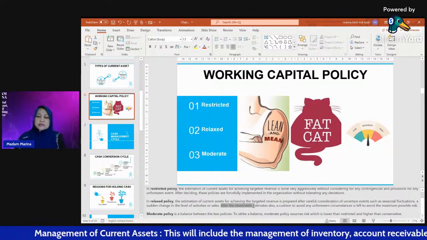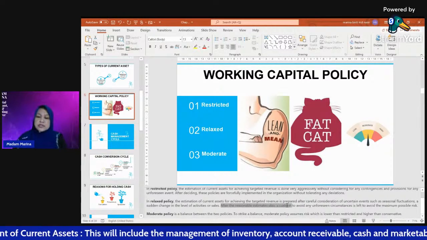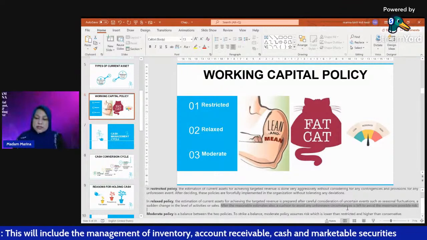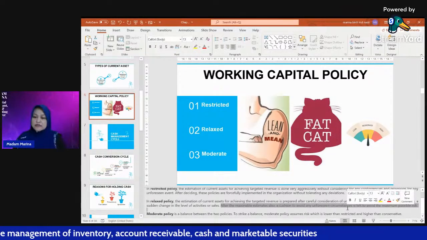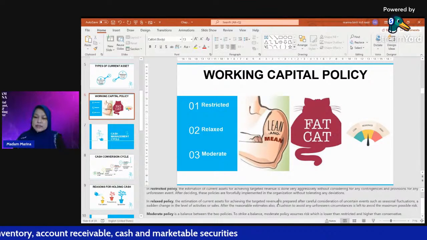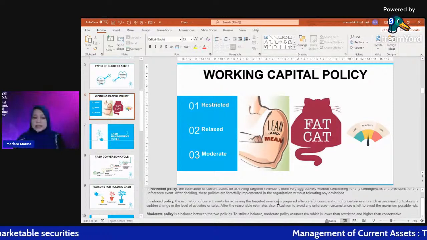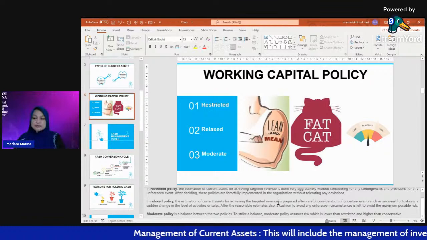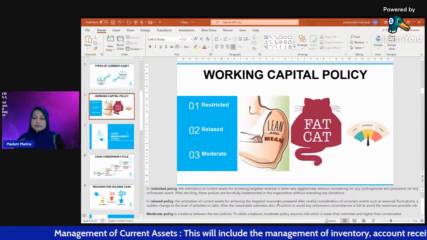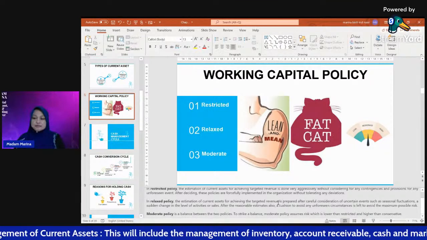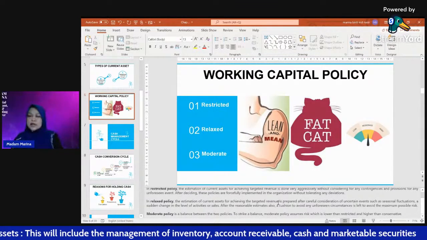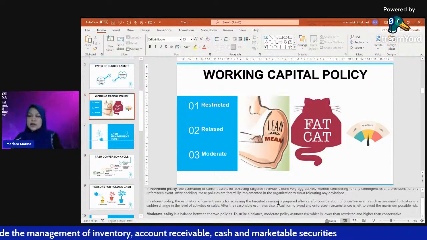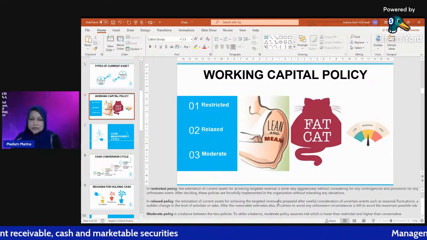After the reasonable estimate, a cushion to avoid any unforeseen circumstances is also left to avoid the maximum possible risk. The difference between restricted and relaxed is that relaxed considers uncertain events or sudden changes in the economy, say for example now COVID-19. So some of the businesses cannot run their business. Relaxed policy considers all of those things, but restricted policy does not.